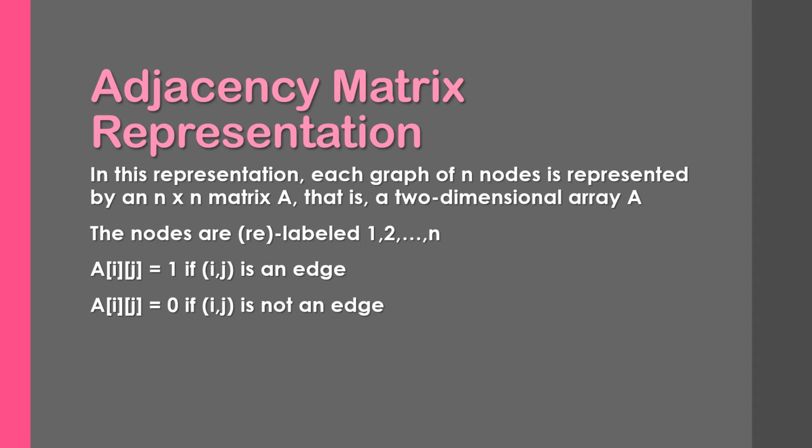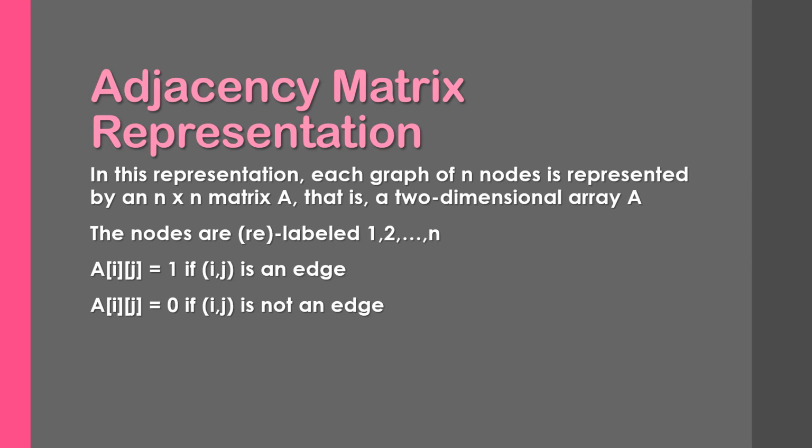In this representation, each graph of n nodes is represented by an n by n matrix A, that is, a two-dimensional array A. The nodes are relabeled as 1, 2, 3 and so on till n. Let's understand it with an example.